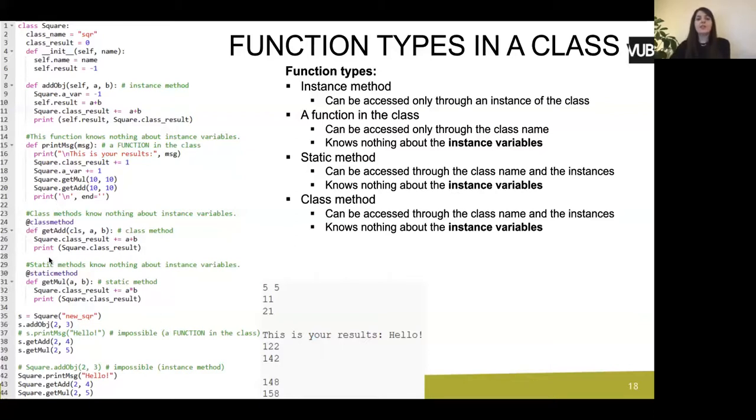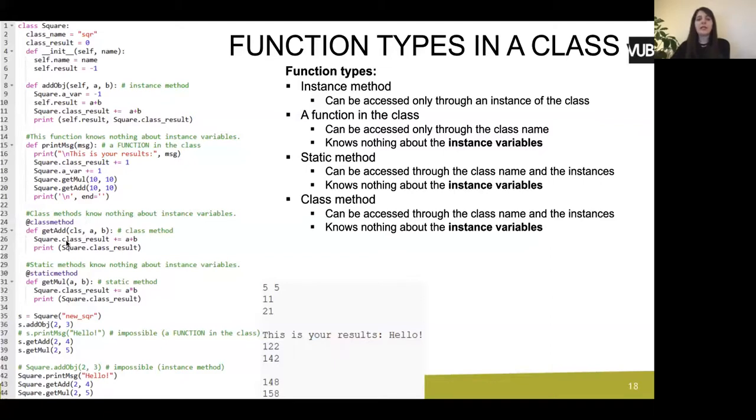The other function that I have here is a class method. The first argument of this class method is cls, which is a reference to a class, not an instance of the class. Class methods can be accessed through the class name and the instances, but it knows nothing about instance variables, again because it doesn't have self here.